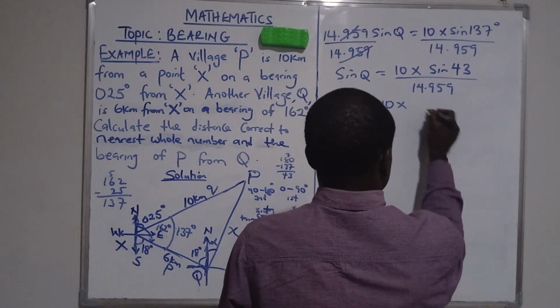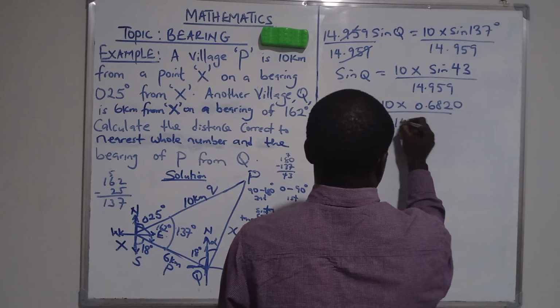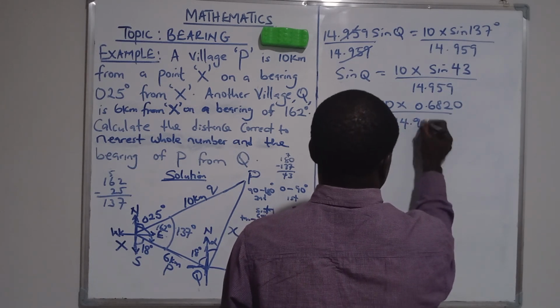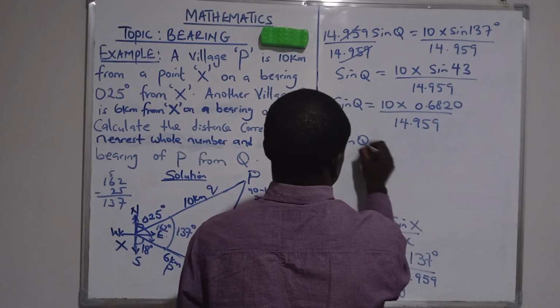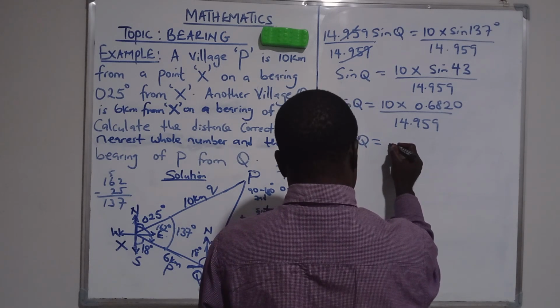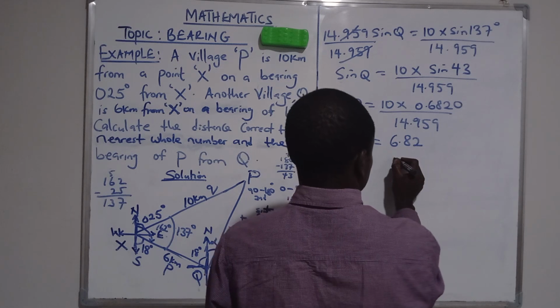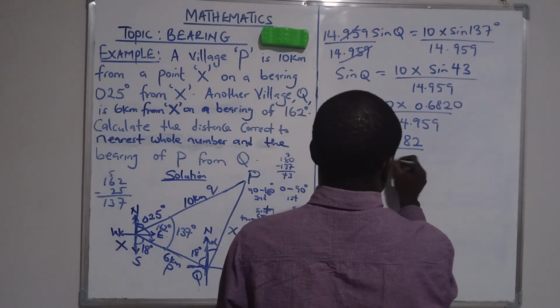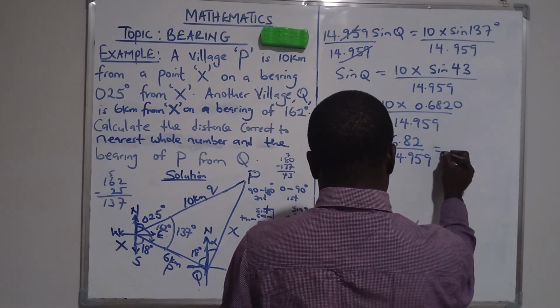We are having 0.6820 divided by 14.959. Sine q equals 10 times 0.6820, which gives 6.82, divided by 14.959. When you divide that, you are having 0.4559.